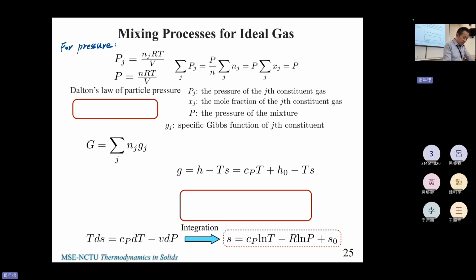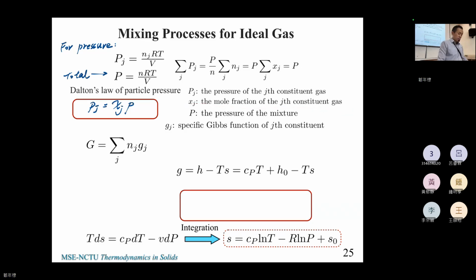If you have J types of gas in the container, each of them has its own pressure, Pj, equal to nj RT over V. For the total, P is n RT over V. So you can imagine that the sum of Pj, the pressure of each gas in the container, summed up together will be P. And dividing, Pj equals xj P. What is x? x is the molar fraction.